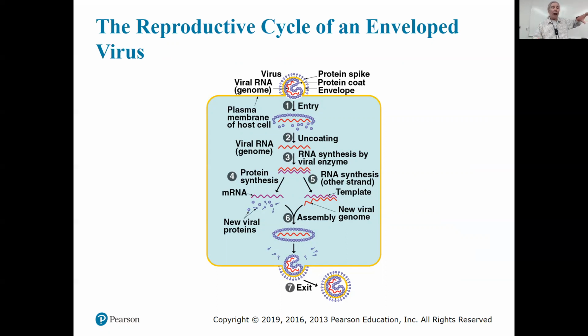Then they can use our RNA polymerase to make their RNA from their DNA, and then make new viral particles. So that's a problem. RNA viruses have to bring along a viral enzyme inside the particle that they need to make RNA from RNA or DNA from RNA.